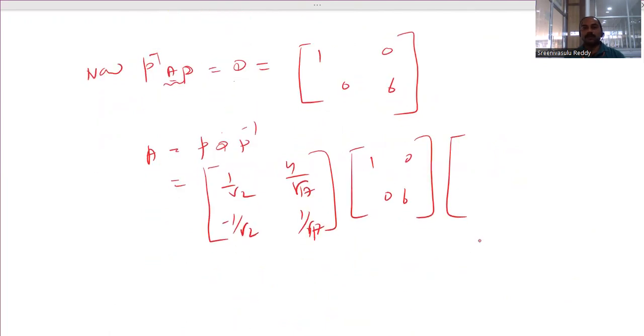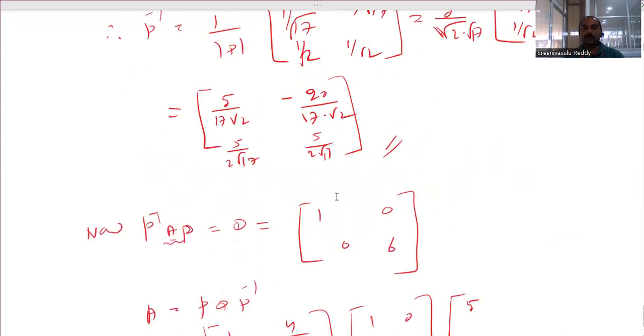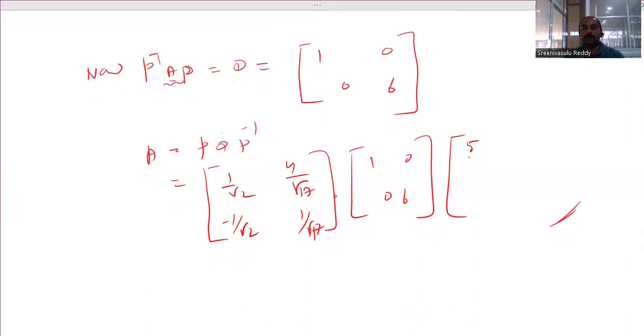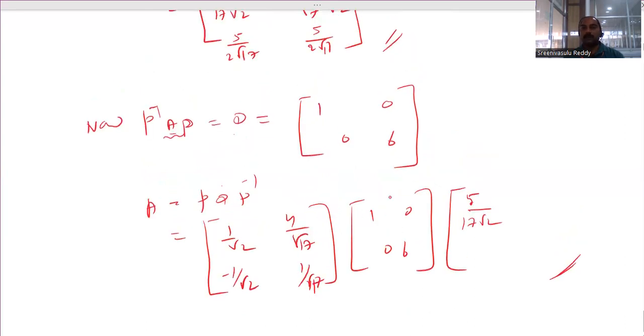After multiplication, you get this form, called the canonical form. Here I am leaving the values 5 by 17 into root 2, minus 20 by 17 into root 2, 5 by 2 into root 17, 5 by 2 into root 17. Okay, this is the approach to find the canonical form.